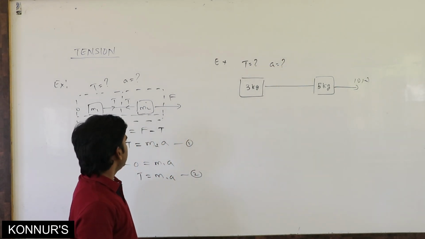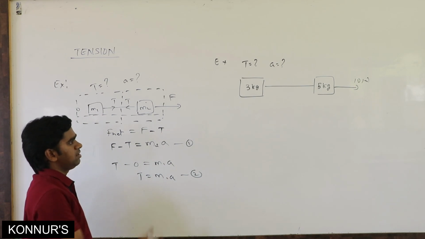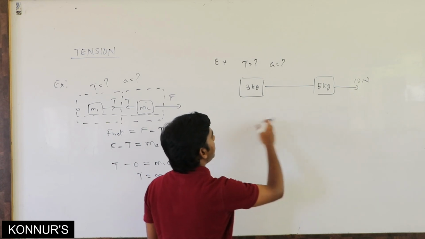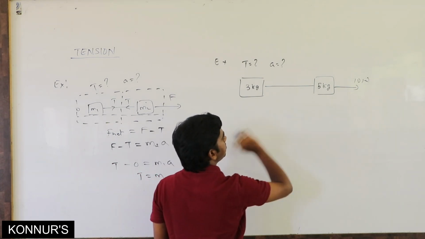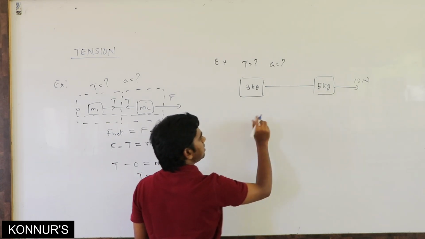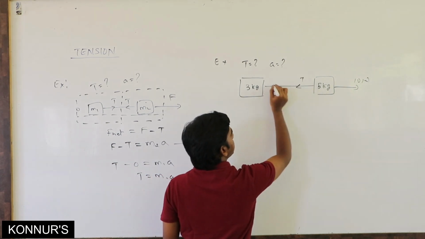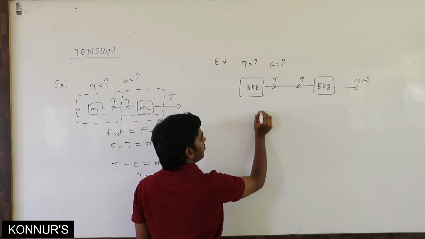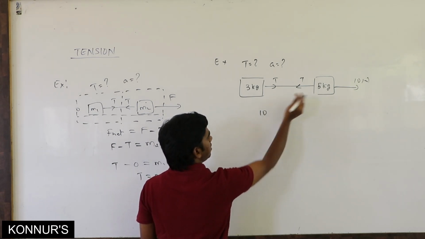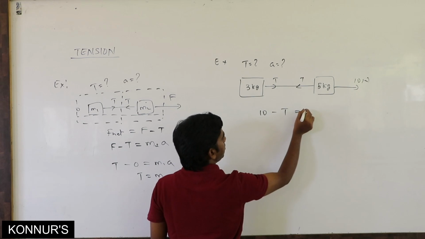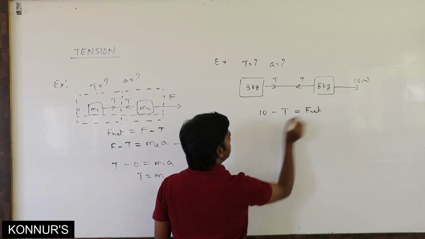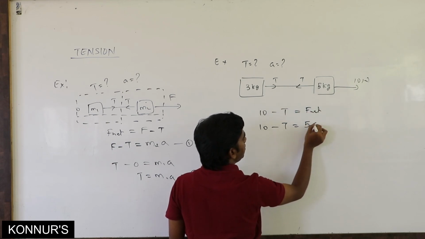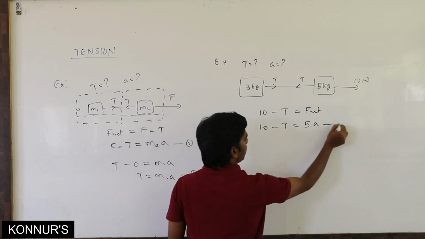You can find acceleration directly also, by adding the masses and dividing the force by mass, but we will apply the steps. So what is the net force on this one? Tension is here, tension is here. If I consider this body, net force is forward direction 10, backward direction T. So 10 minus T equals F net, which is 5 into its acceleration. You got one equation.